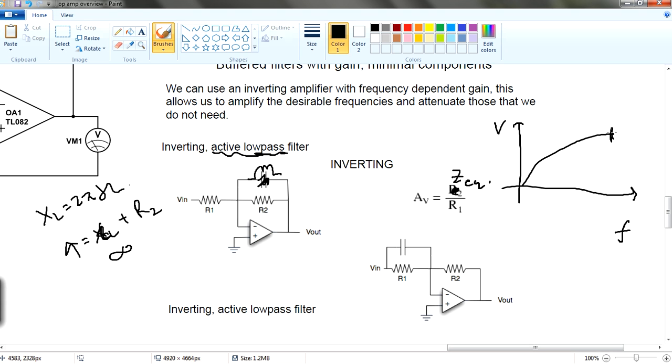At low frequency, you have only R2 divided by R1, and so on. So this is the key difference.